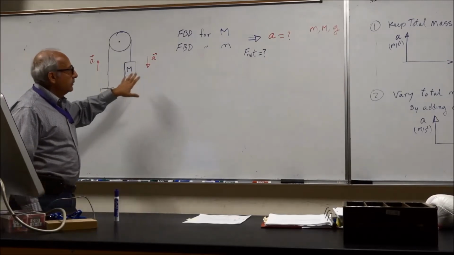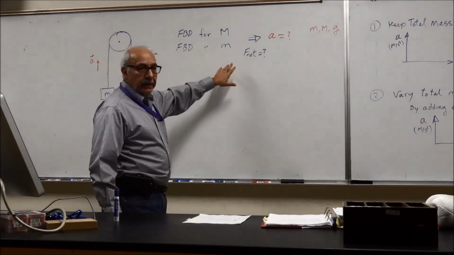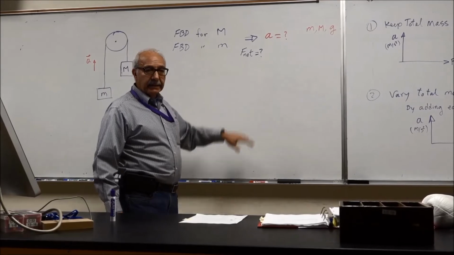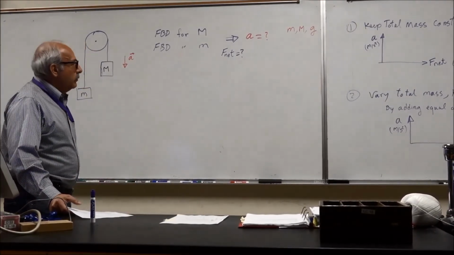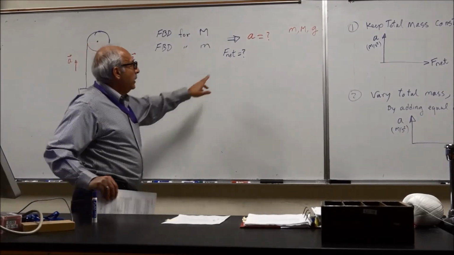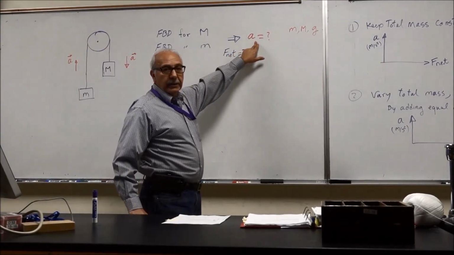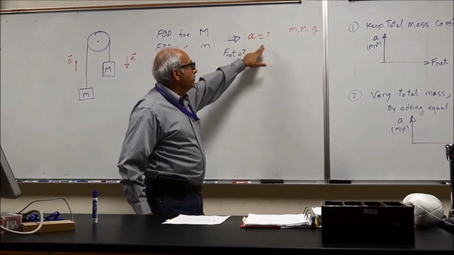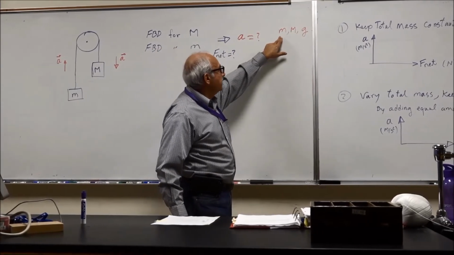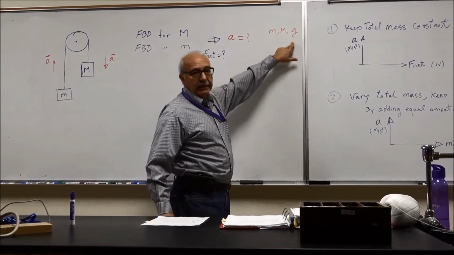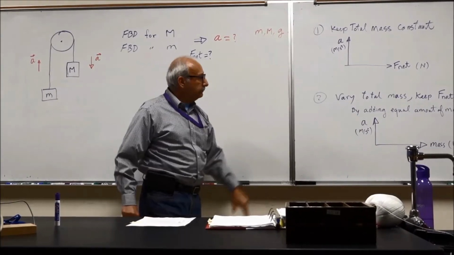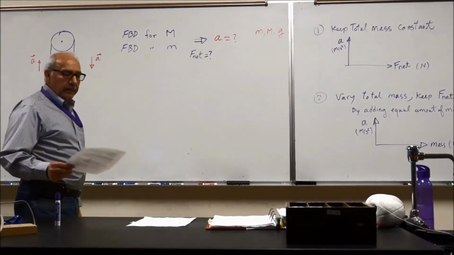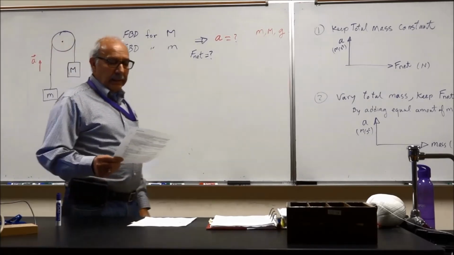So once you get those free body diagrams, you will find the net force acting on each side and write down the equations, and from there you should be able to find the acceleration in terms of the small mass, big mass, and the gravity, acceleration due to gravity, g. Okay? So this is the pre-lab.